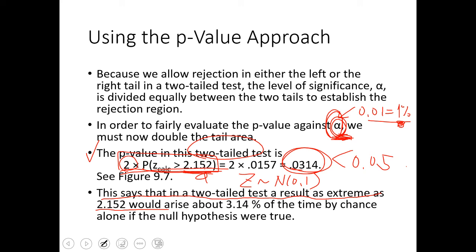Okay? The null hypothesis is not rejected because this number is greater than 1%.